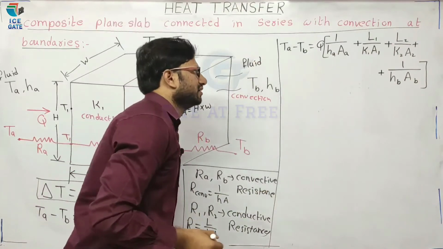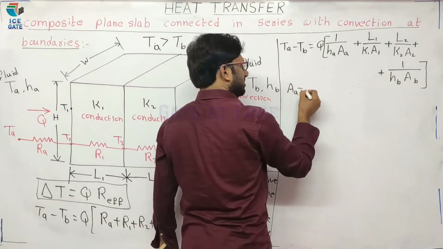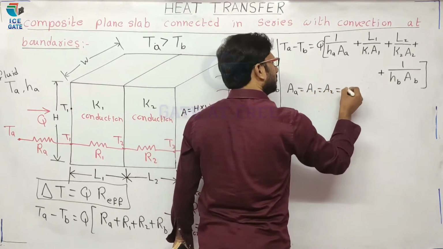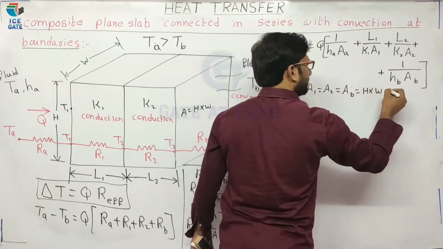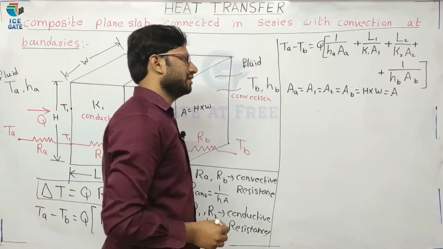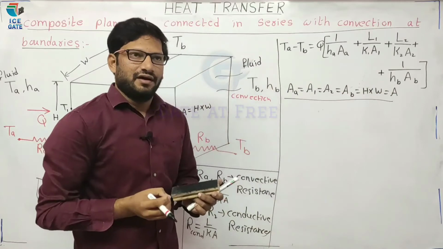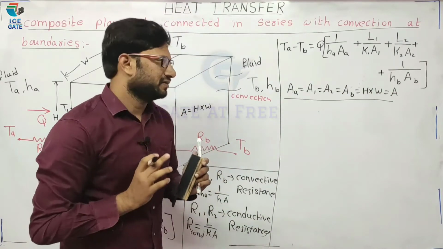Hope you understood. Now A suffix A is equal to A1 is equal to A2 is equal to A suffix B is equal to H into W, simply you can take A.